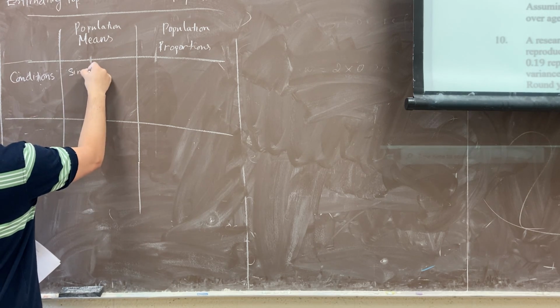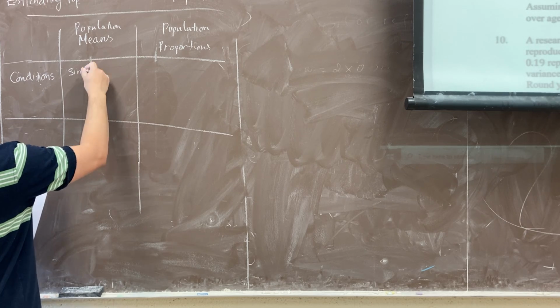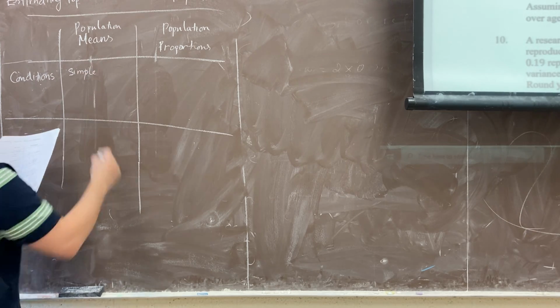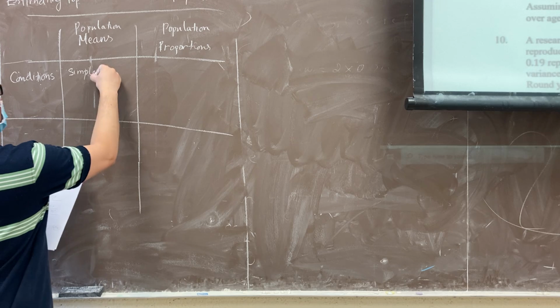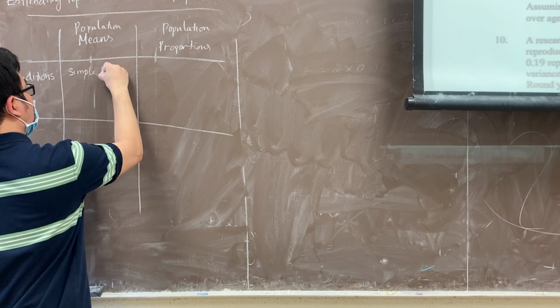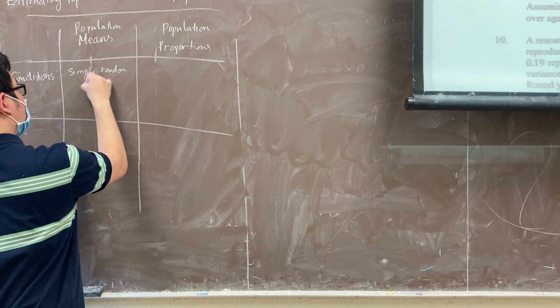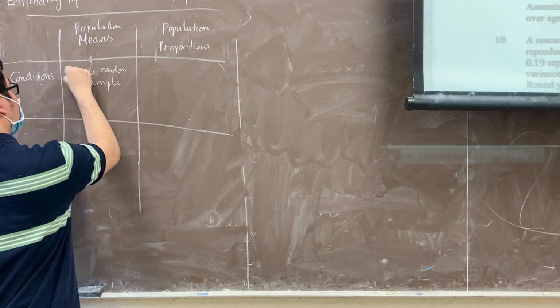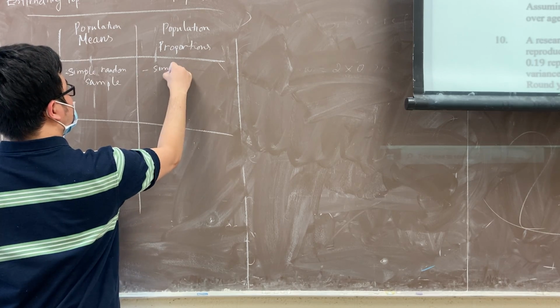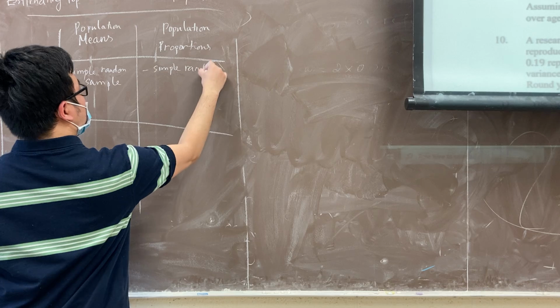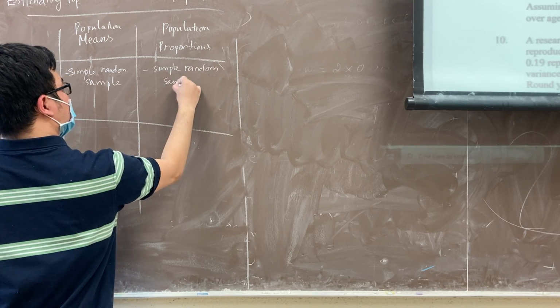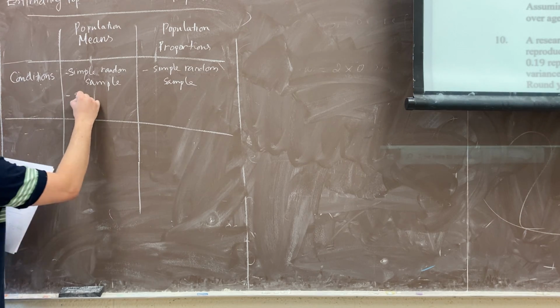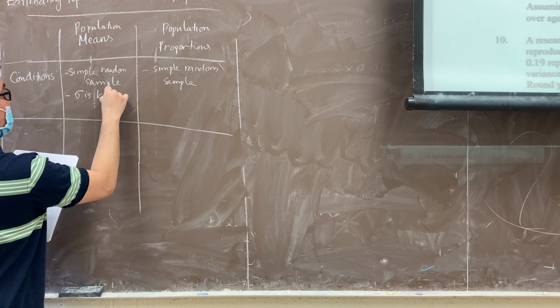When we want to get the sample to estimate the population mean, the technique needed is a simple random sample. This is the first condition. This is the same for both. And the second condition here is sigma is known, that means the standard deviation is known.